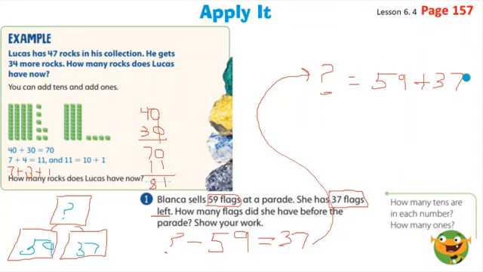So what we can do is break it up into 50 plus 30, that's the 5 tens from 59 and the 3 tens from 37. And then we also have 9 plus 7.